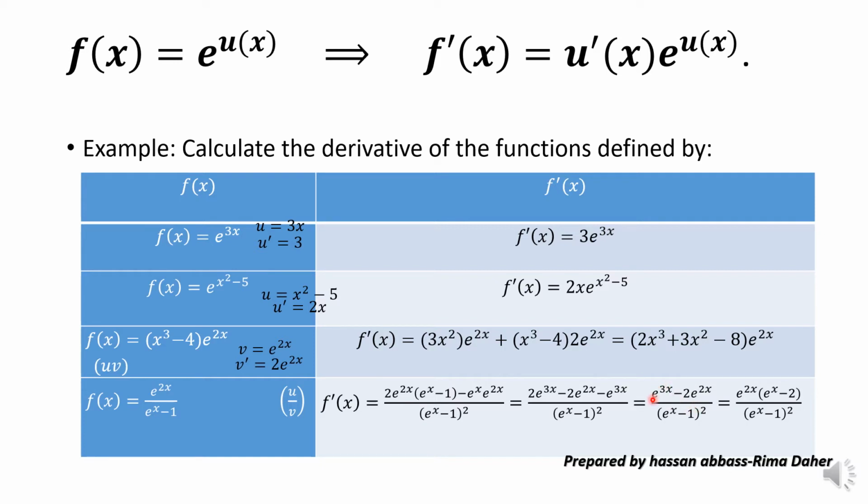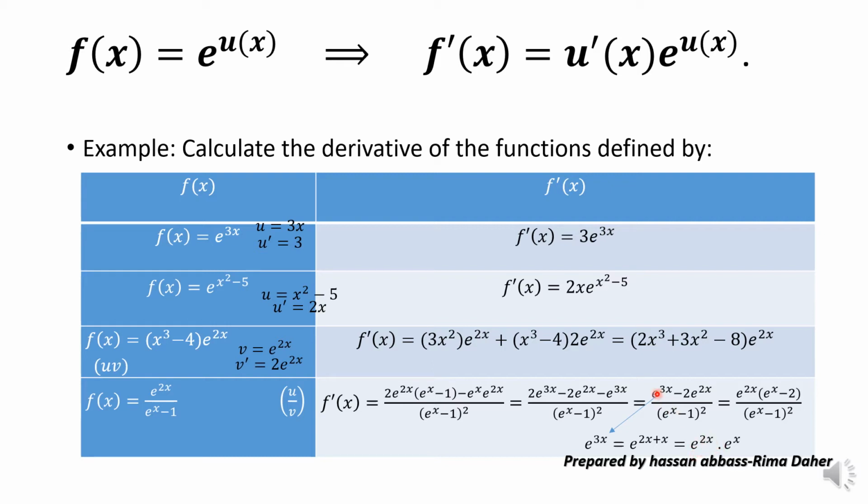But e^(3x) we can write it in the form of exponential 2x plus x, since 2x plus x is 3x, and exponential 2x plus x equals exponential 2x times exponential x, since exponential a plus b equals exponential a times exponential b.